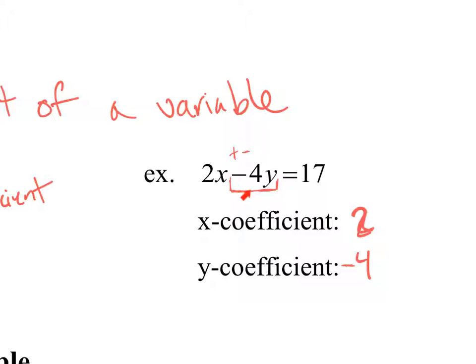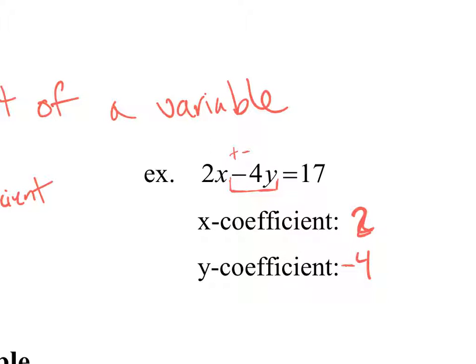If you would have to do the problem, it would be 2 times x plus -4 times y. And what we said before is when you have a plus and a negative, it's the same as subtracting. So you're going to have 2x subtract 4y. But the coefficient is the negative number. If you're trying to find the coefficient, then you take the negative with it.